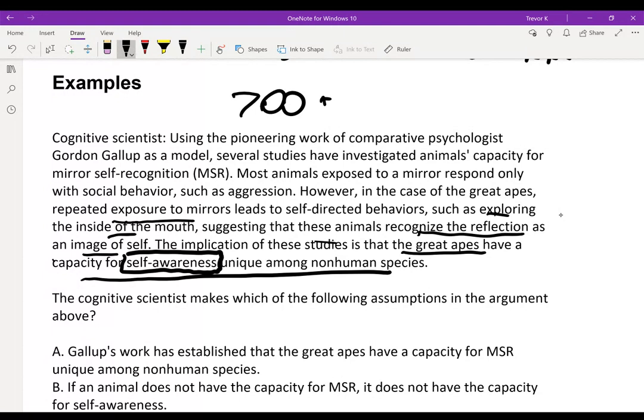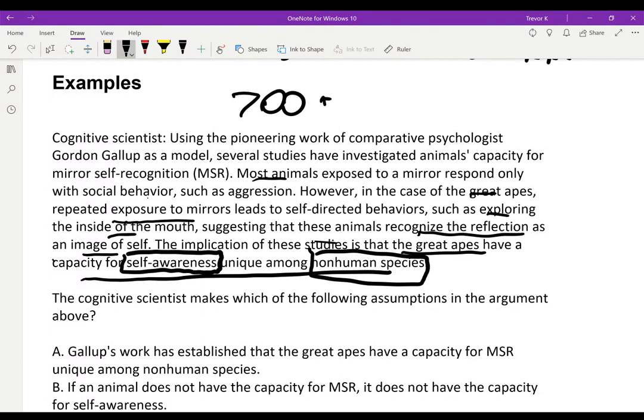The other thing that we need to point out here is that it's unique among non-human species. That's a very strong statement. It's saying the great apes are the only ones who can do this, which is surprising because it says most animals respond with this and great apes respond with this. So it says great apes are the only ones who do this. That's a very strong statement.